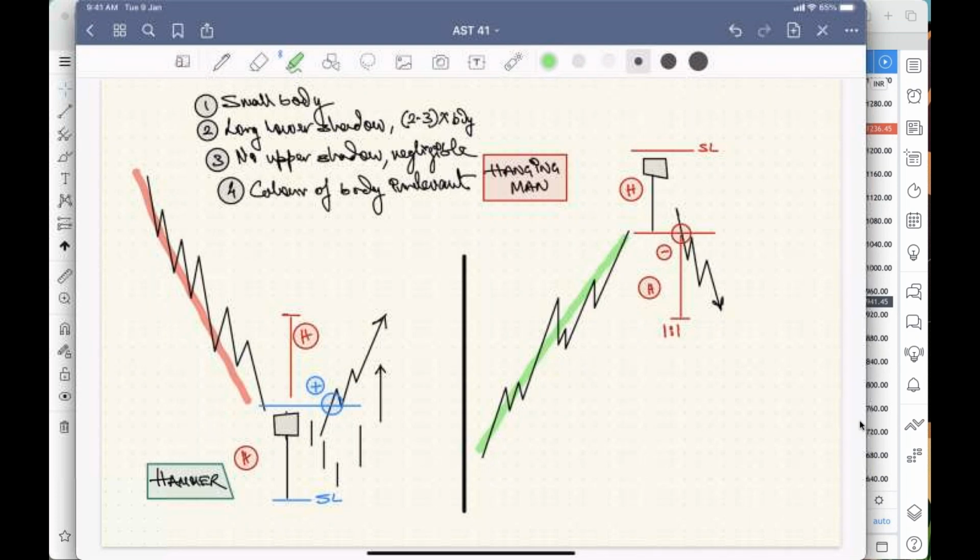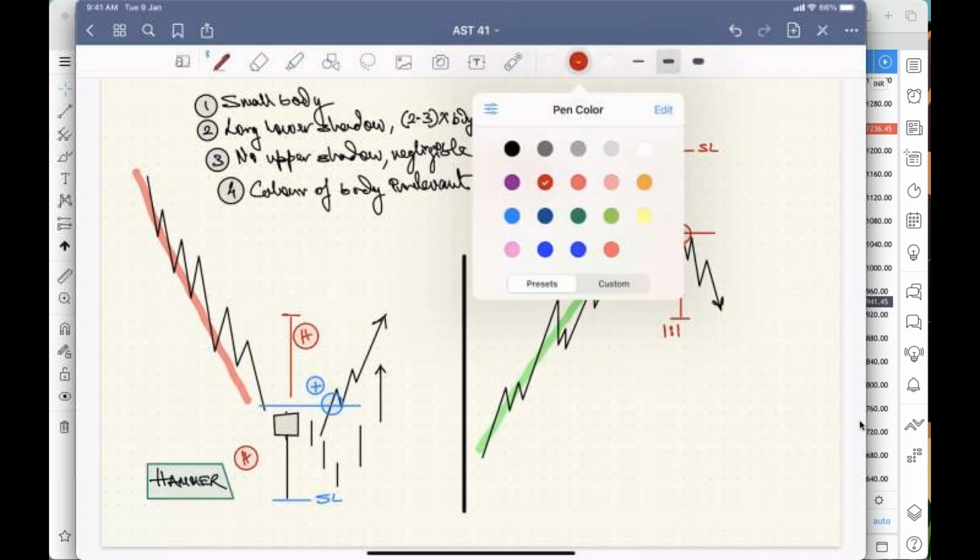That's why when I was marking on the charts, I mentioned, look at the last candle and what happened recently. When you get this kind of pattern after a fall, it's called a hammer. When you get this kind of pattern after a rise, it's called a hanging man. That's the main difference. We will look into examples later.